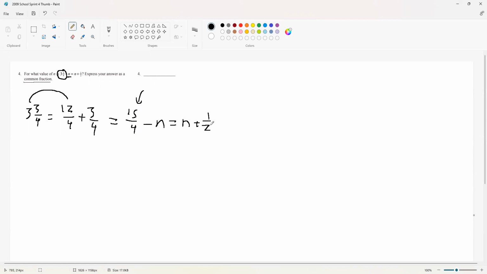So we're going to multiply the 1/2 by 2/2. So this will take us to 15/4 minus n equals n plus 2/4, right? Because 1/2 times 2/2 is equal to 2/4. And this is the same thing as multiplying it by 1, so we can always do this.